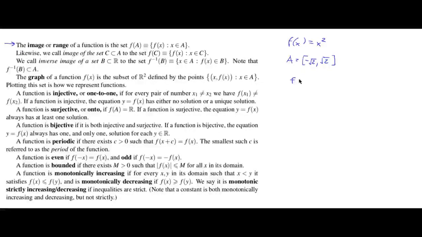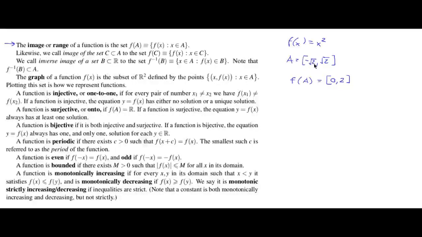Then f of A, the image of this domain is, if you think about it for a second, it goes from 0 to 2. So every negative number from minus square root of 2 to 0 gets mapped to the square of it.